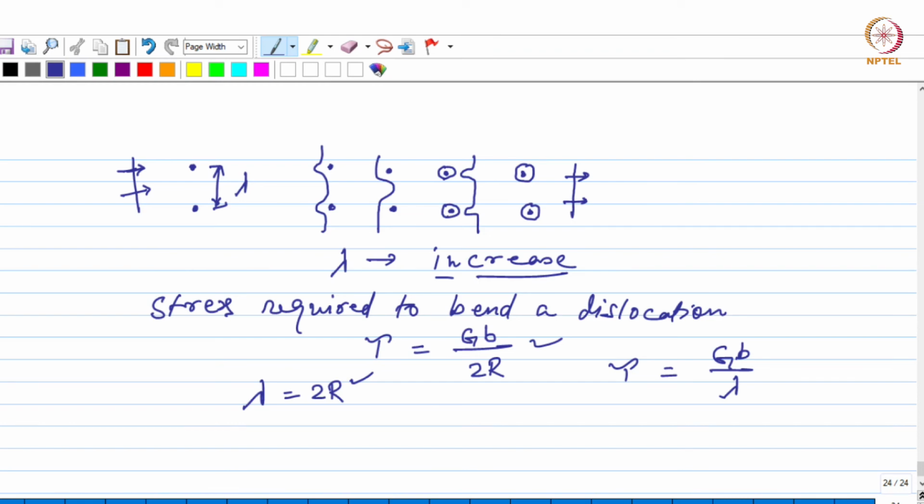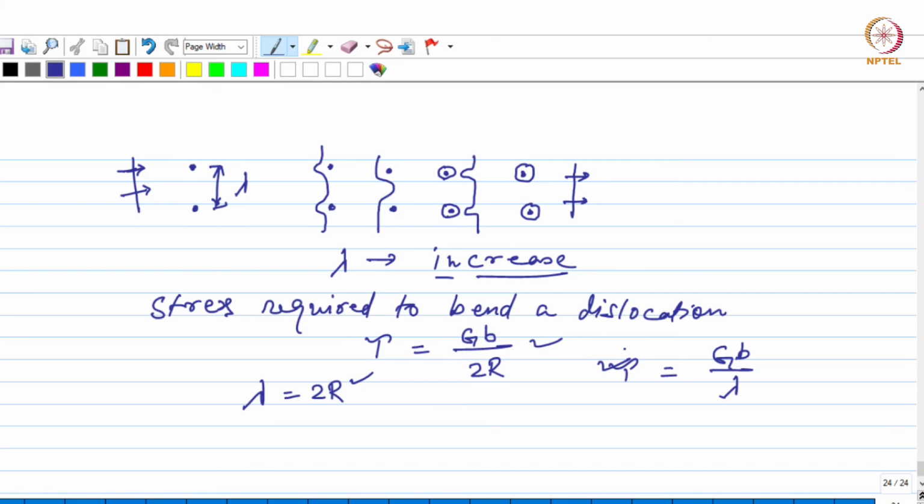And as I said, at this particular stage of overaging, the particles grow in size, and as a result of that, the distance between them, that is lambda, increases. And as lambda increases, you can see from here, tau, or the stress required to move a dislocation, decreases, and as a result of that, the strength comes down.